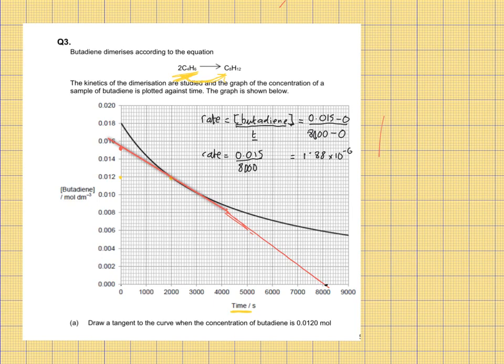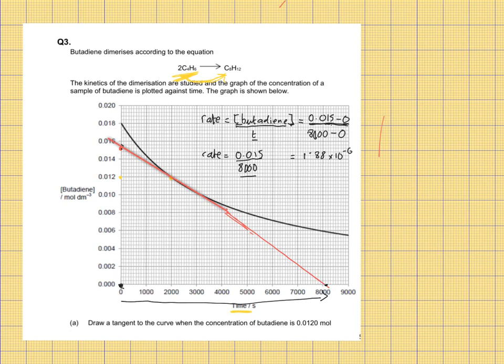The change in concentration of butadiene is here, which is roughly 0.015, take away the start concentration, which is 0. So that's the change in concentration. And the time for that change in concentration is your time axis here, which is roughly 8,000 seconds, take away 0.